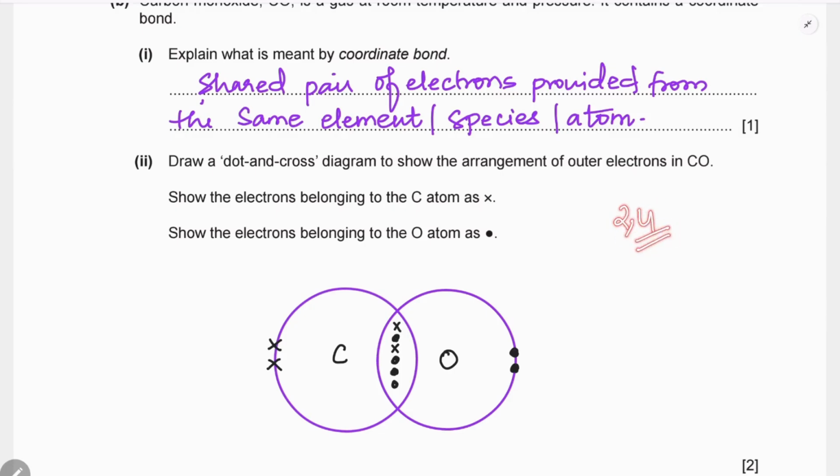So 4 electrons, I'm going to show 1, 2, 3, and 4. And for oxygen, we have 2, 6. So over here it is going to be 1, 2, 3, 4, 5, and 6. Once we combine this, we will get this diagram. So a total of 2 marks. You have to show the lone pair as well.